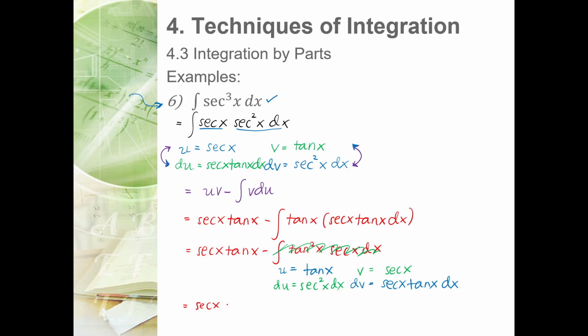So secant x tangent x, then secant x tangent x, right? Minus v du. It returns again. It returns again, but it becomes positive.